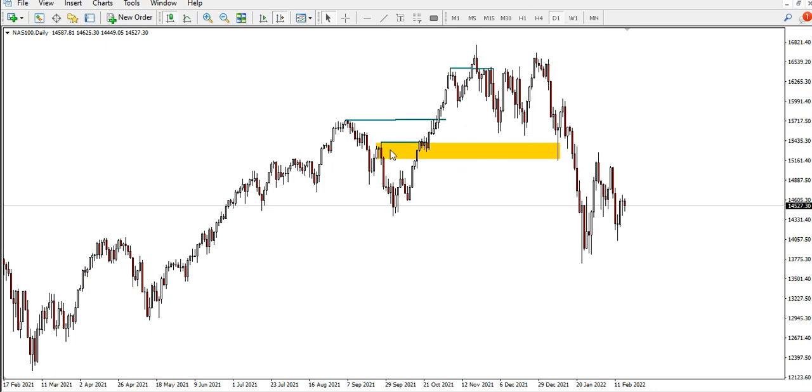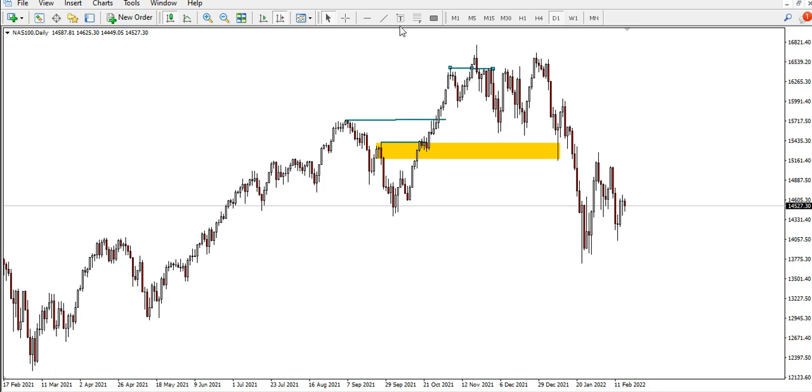However, remember we said price needs to come and mitigate here. Then it means that price will have to break this structure here. For it to come and mitigate this internal high, this structure will have to be broken no matter what. So when we have this break of market structure in a bearish direction for price to come and mitigate here, then this break of market structure is now invalid.